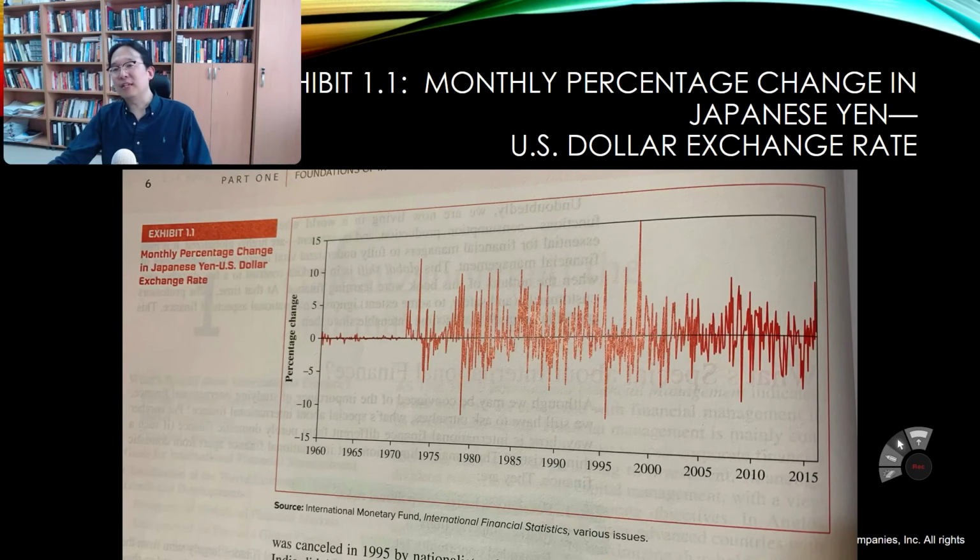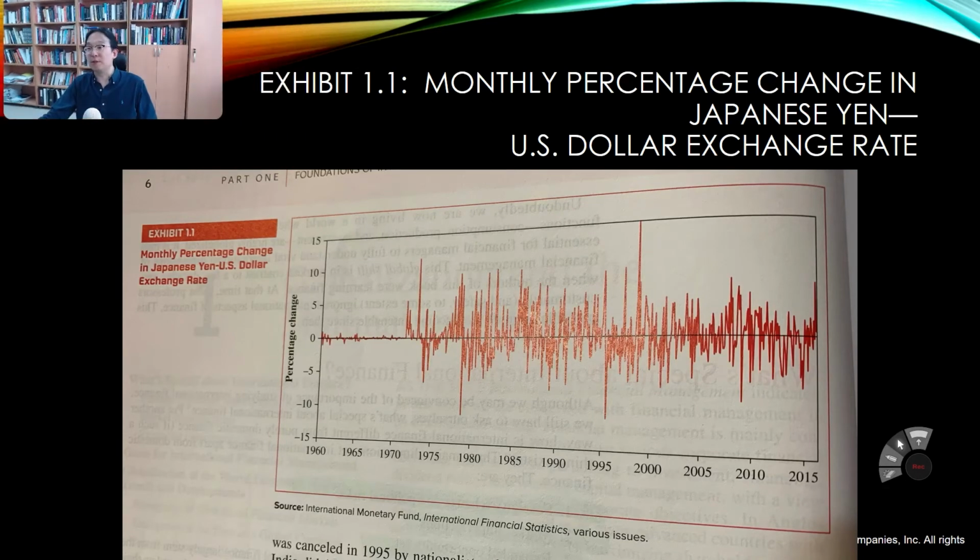Anyway, Exhibit 1 in the textbook shows you the monthly percentage change in the Japanese yen to US dollar exchange rate. What do you see? It's fluctuating a lot, like an earthquake somehow. But that's not all. If you look at the earlier period of the 1960s to 70s, essentially during the 1960s, virtually there's no movement. And since 1972 or so, which is when I was born, the Japanese yen started to fluctuate like crazy.